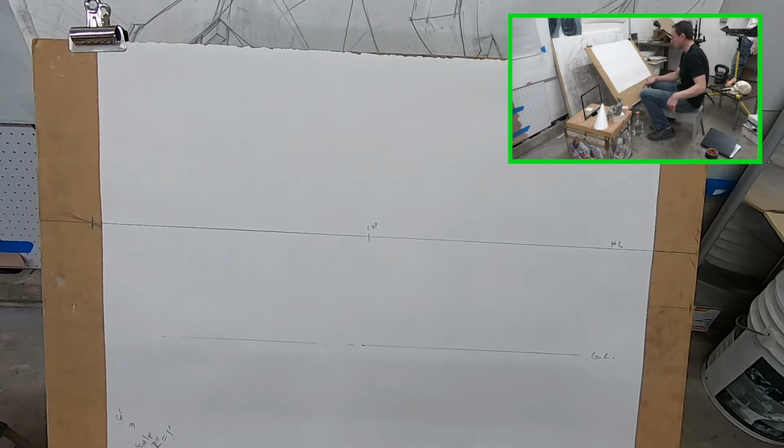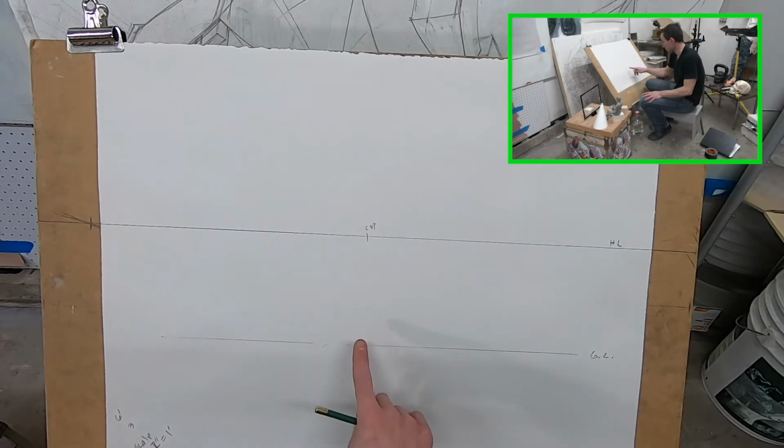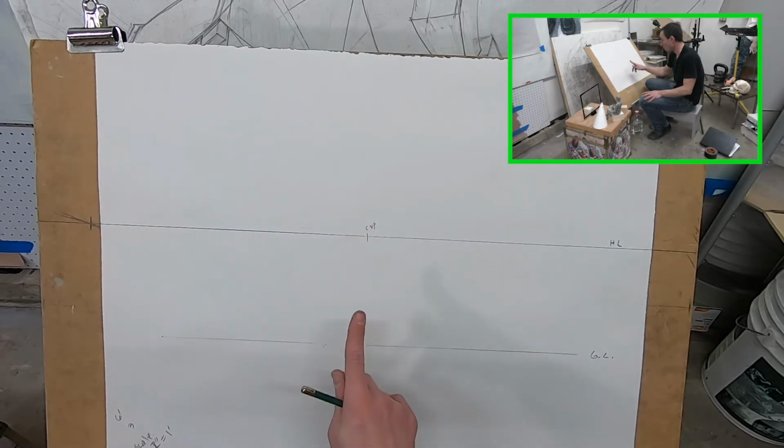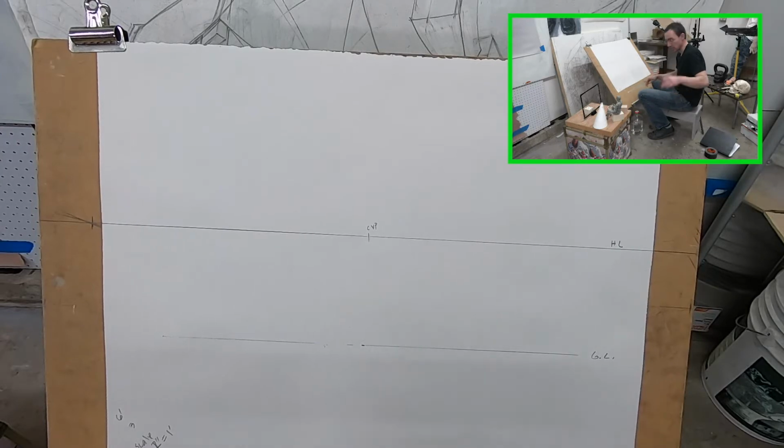So, if my picture plane is 3 feet away from me, then it would be 6 inches down. Or if it was 6 feet away, then it would be 12 inches down with a 2 to 1 foot scale. So let's imagine, let's split the difference here. Let's imagine that it's 5 foot.